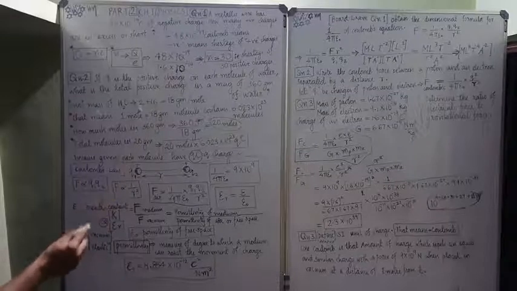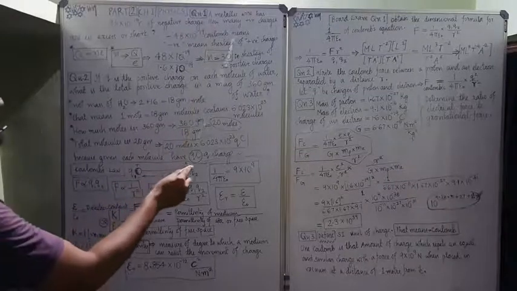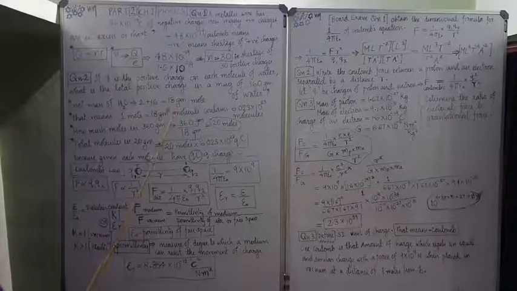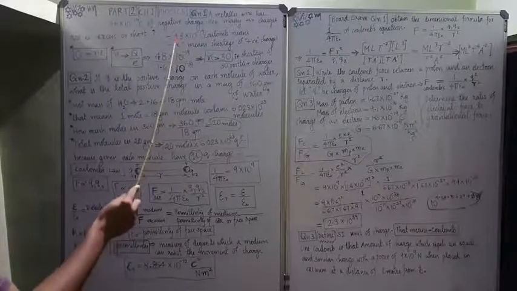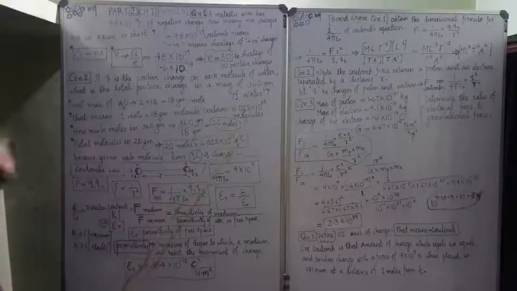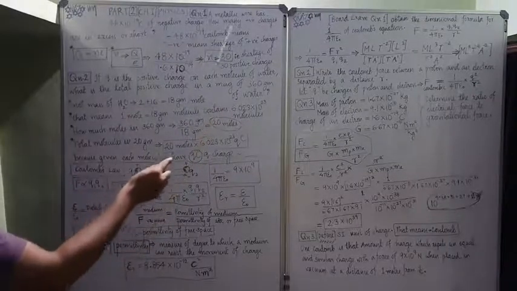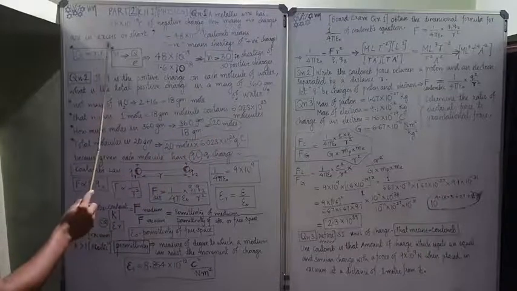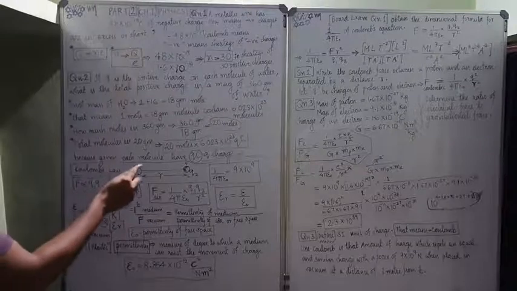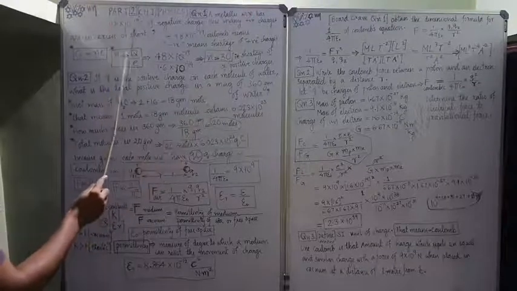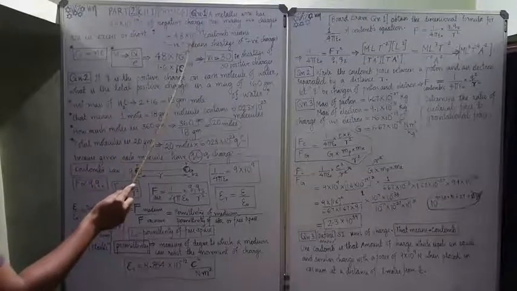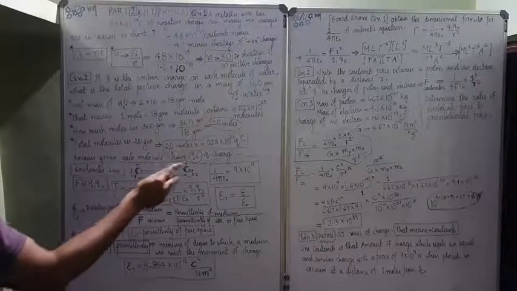If the question asks how many positive charges are in excess or short, you know that negative means a shortage of positive charge. The wire is negatively charged, as given in the question: 48 into 10 raised to minus 19 coulomb of negative charge. So there is a shortage of positive charges.